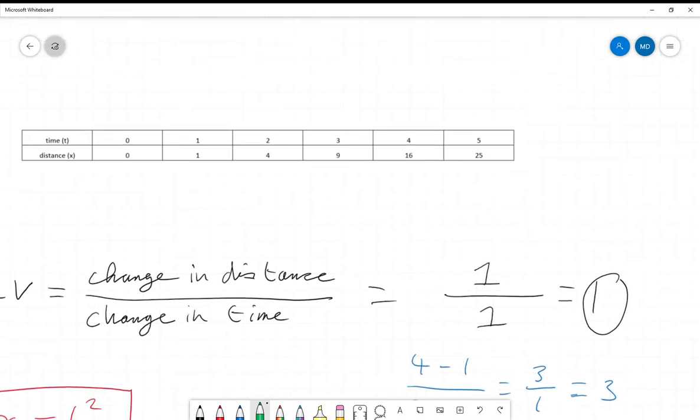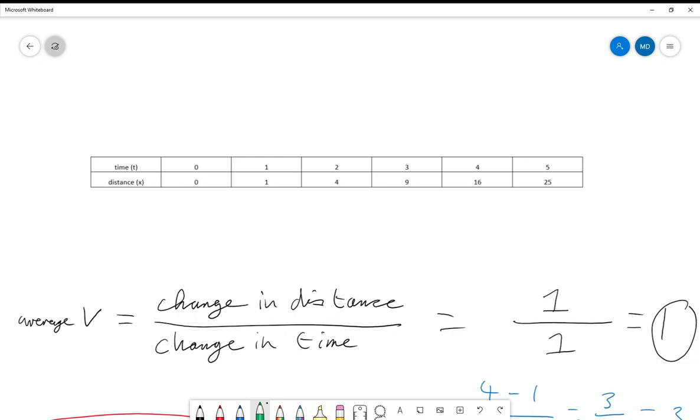And we can keep going in this way, and we'll get every single one. So if this is our table, our velocity, v, is going to be 0 here, 2 here, 4 here, 6 here, 8 here, and 10 here.